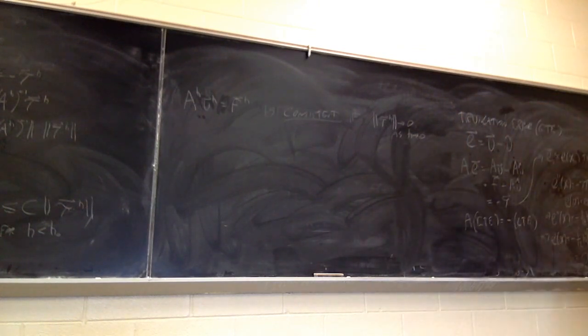And this is generally easier to verify for local truncation error compared to the global truncation error. For instance, in the case of the Poisson's equation example, we saw the error was order h squared. So yes, that is consistent. It does go to 0 as h goes to 0.